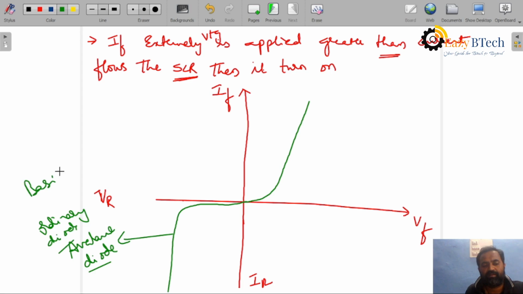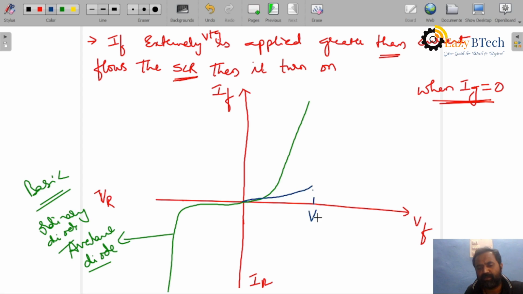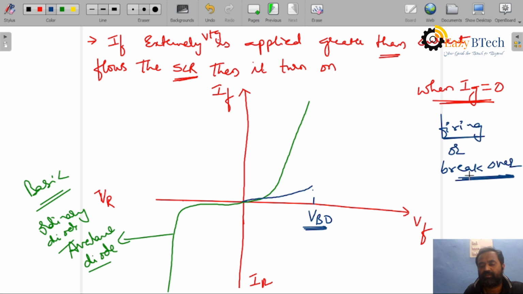Basic model. But in this SCR, when Ig is 0, now here you may see the characteristics, forward bias. The current through the diode increases up to this point, VBO, the breakover point or firing point, breakover voltage. Is it clear?